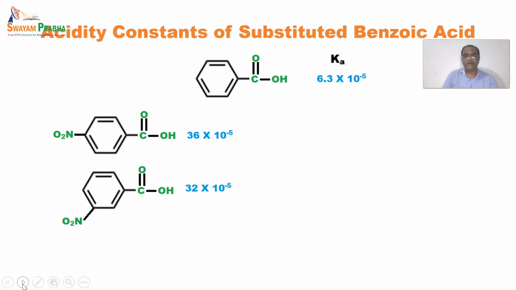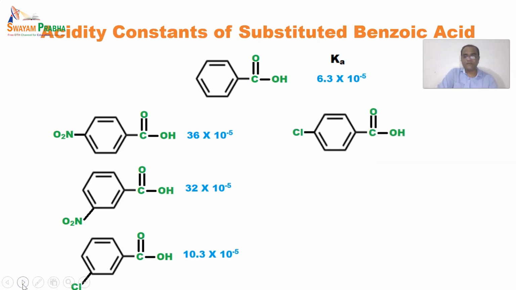So we'll see some more examples. Again, an electron withdrawing substituent has a value of 10.3 × 10^-5, and it is different for the para substituent, which is 15.1 × 10^-5.